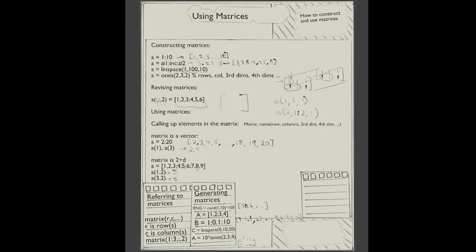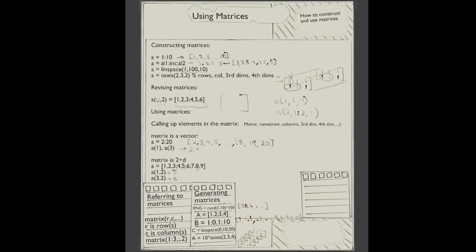And then it will have 4 of them. So depth 1, depth 2, depth 3, depth 4. All right. Yeah, so that covers generating and manipulating matrices basics.